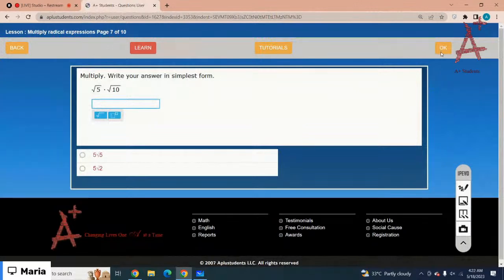Okay, which is the correct option? When you factor out 10, it would be 2 times 5. So you can make a pair of 5 times 5, so it would be then 5 square root 2 is the correct option. Got it?